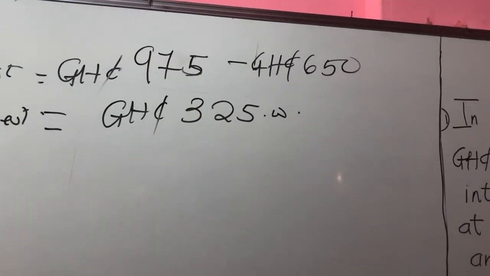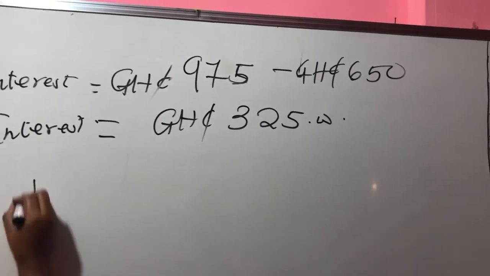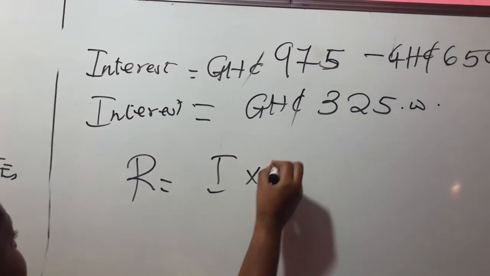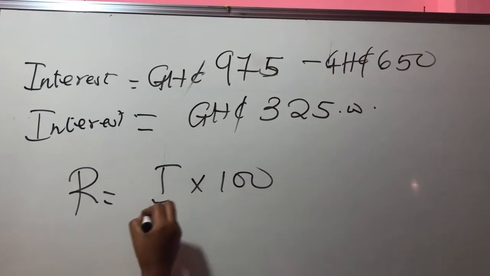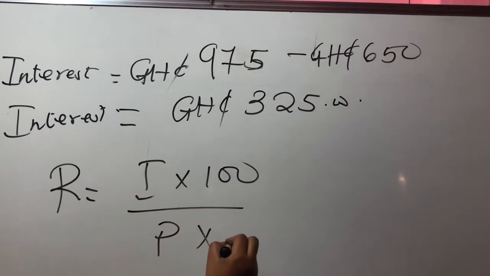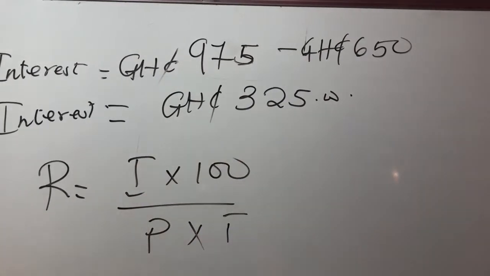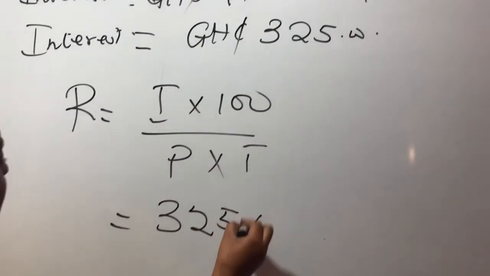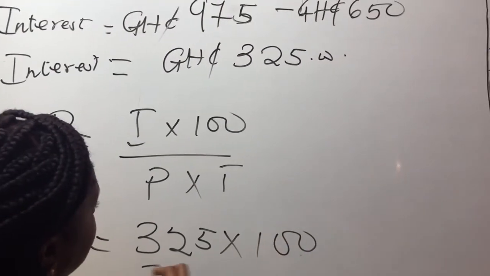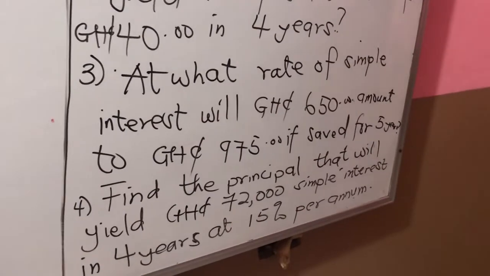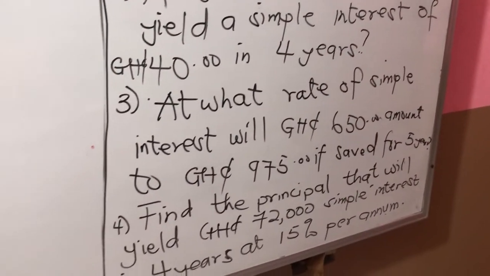Now we found the interest, so let's find our rate. R is equal to interest times 100 all over P times time. This is our interest, 325 times 100 all over the principal in the question, which is 650 Ghana cedis.